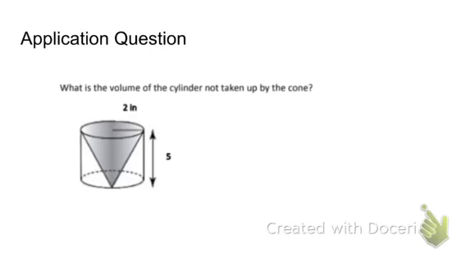And then finally, you have your application question. What is the volume of the cylinder not taken up by the cone? So for this one, we have to find the volume of the cylinder and subtract the volume of the cone to get our answer. So let's find our cylinder first. For the volume of a cylinder, remember, it's pi r squared times the height.